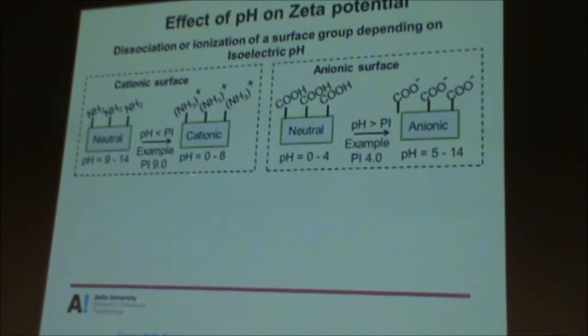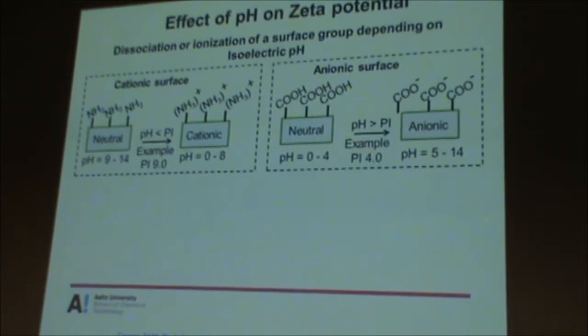But if you take the pH in this range, pH below isoelectric pH, then the amino groups get protonated. They get a positive charge. Now, these particles are the same, they are the same particle, but all that you have changed is the pH. So if you measure zeta potential of this particle, you will get a positive zeta potential. But if you measure zeta potential of this particle in the pH 9 to 14, you won't get any zeta potential.